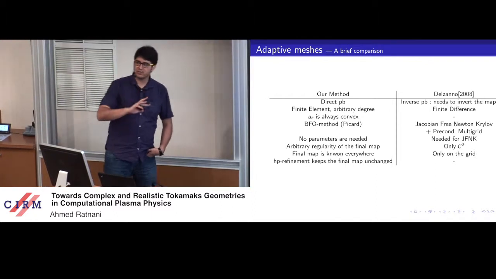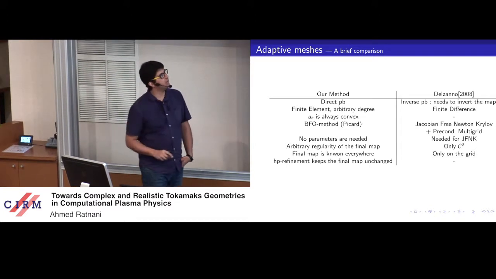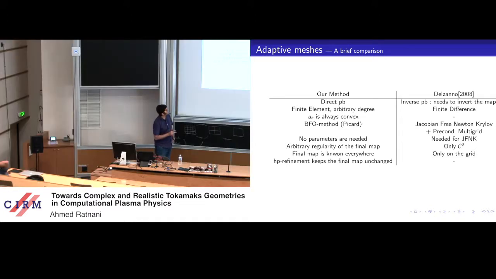But solving the inverse problem means that they solve for psi inverse. But the problem with the inverse problem is that at the end of the day, you need to invert everything to get the direct one, and they don't give this time consumption in their article. So there is only the inverse problem, and you can't do anything with this.